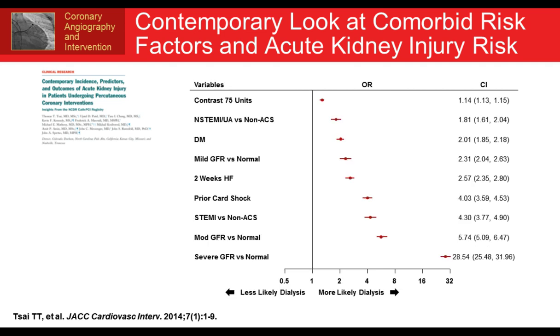When we look at individuals who are more or less likely to end up on dialysis, the strongest risk factor is having severe baseline renal dysfunction going into the PCI. So if you have severe GFR at baseline, your odds ratio is 28.5, as you can see, for developing dialysis.